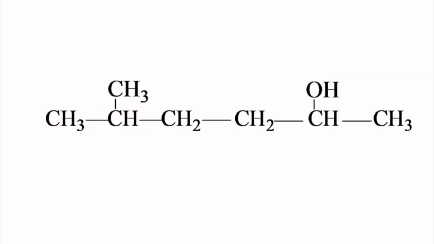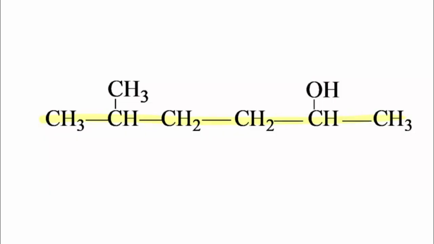So in the following molecule, we could select the longest chain as being this chain or this chain. Now, it doesn't matter which one of the two that I highlighted you select, it will end up with the same number. So let me just go ahead and do the one that is going left to right.